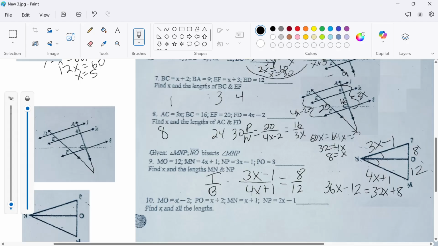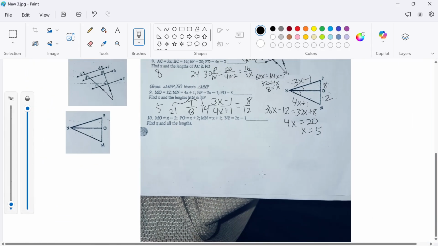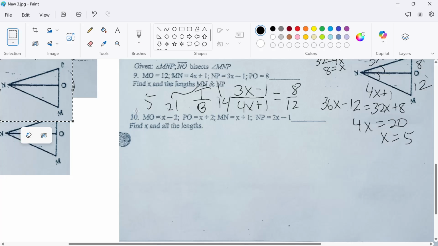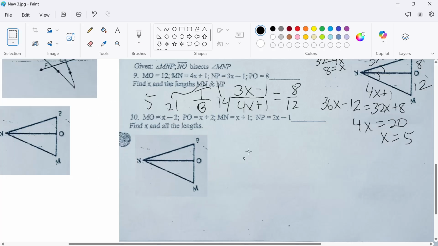I will add 12 to both sides, subtract 36x from both sides. 4x equals 20, x equals 5. x is 5, MN is 21, and NP, 3x, 15 minus 1 is 14, NP is 14. Got him. Okay, only one more to do, and I can easily fit that in like this.